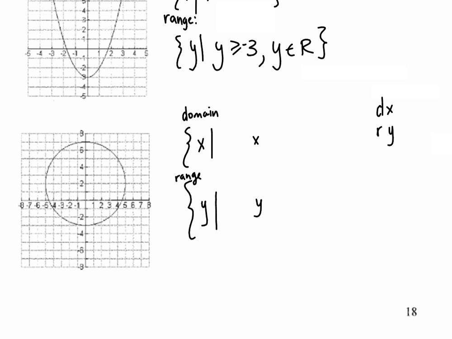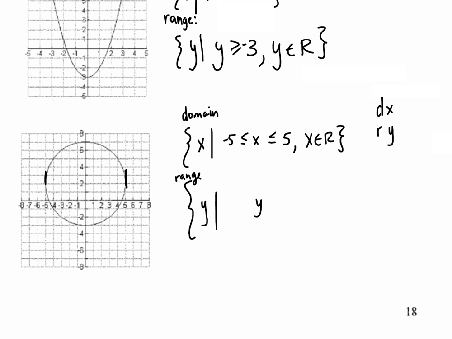The only thing I would say is make sure you go comma, x is an element of the reals, comma, y is an element of the reals, for your notation. But it looks like most of you got this. The farthest x value on the left is -5, and the farthest to the right is 5. So x is greater than or equal to -5, less than or equal to 5, comma, x is an element of the reals.